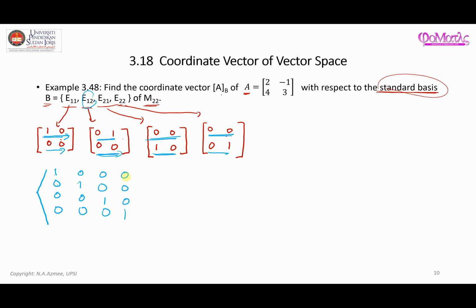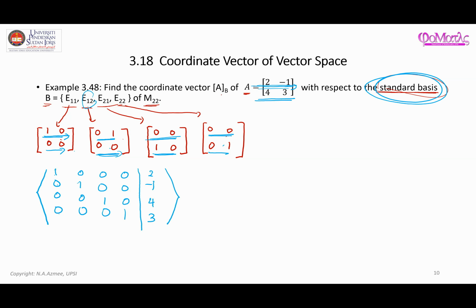And you can clearly see that the combination of all these four matrices in this manner will give you RREF already, and you should get RREF because you're dealing with the standard basis. And for this part here, this can be turned into, again, you go by rows, so 2 negative 1 and then 4 and 3.